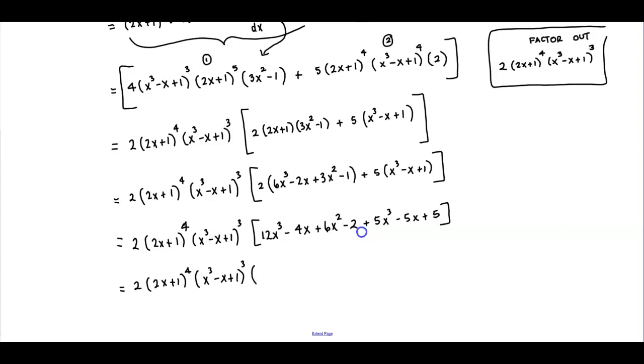If we combine like terms, we have 17x cubed plus 6x squared minus 9x, and then plus 3. So therefore, this is the derivative of that function.